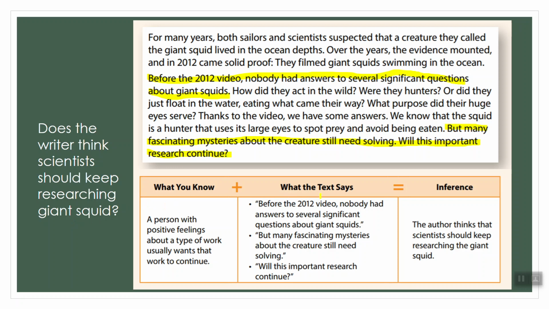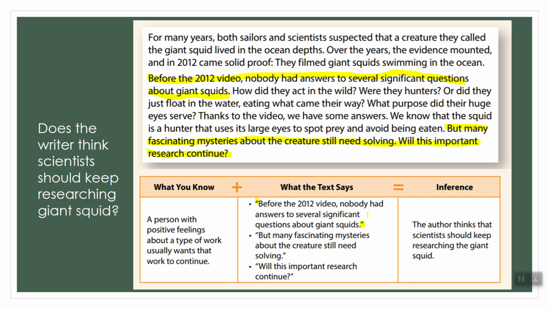So let's take a look at what the text says. That's what we were underlining as we were rereading. The text says, remember textual evidence, quotation marks to show I took these words right from the text, "Before the 2012 video, nobody had answers to several significant questions about giant squid."